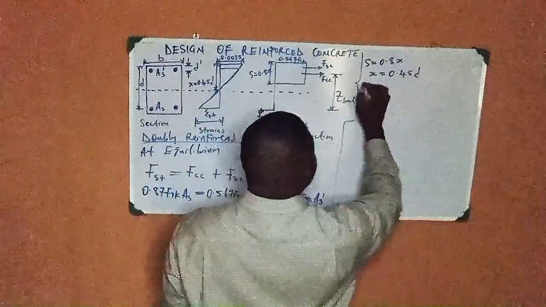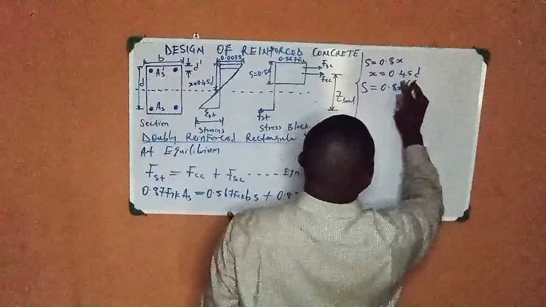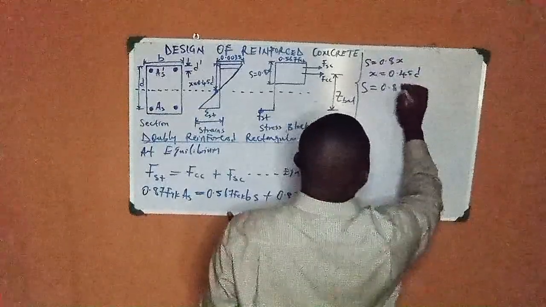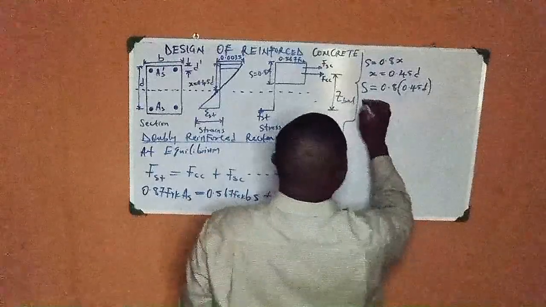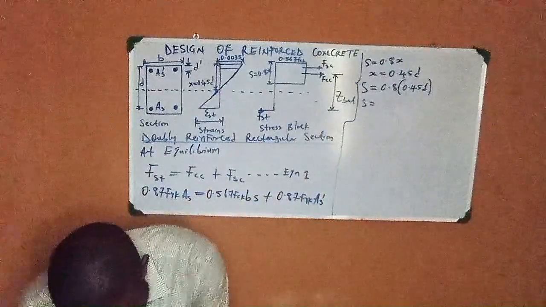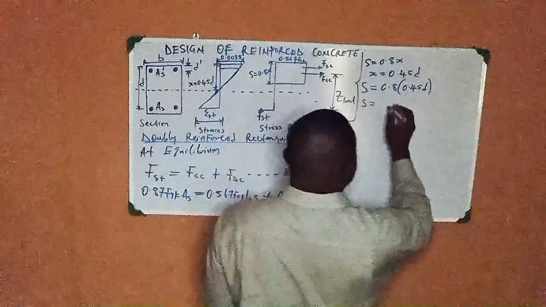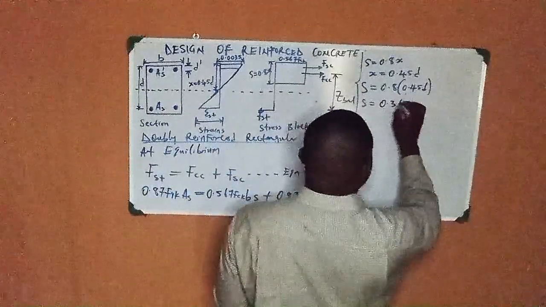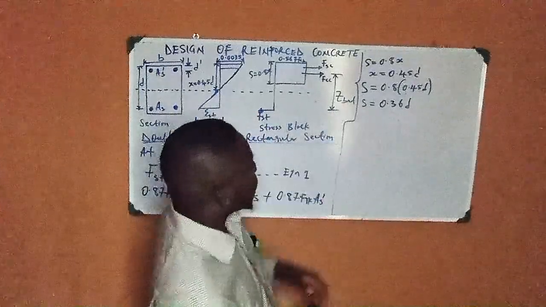So I can simply say that s is equal to 0.8 into 0.45d. By the time you punch your calculator, you see that it becomes 0.36d.